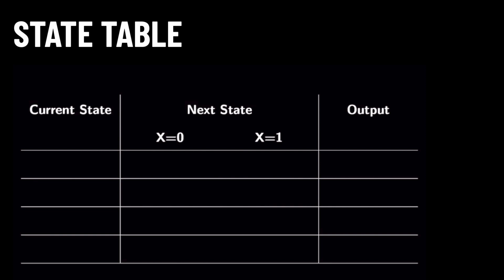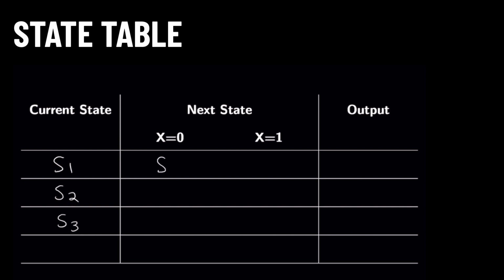We now derive a state table. A state table contains the same information as a state diagram, but is presented in tabular form. We have a current state column containing all of the possible states of the circuit. There are two next state columns in this example, as the input value x can take on one of two values. If the current state is S1 and x equals 0, the next state is S1.